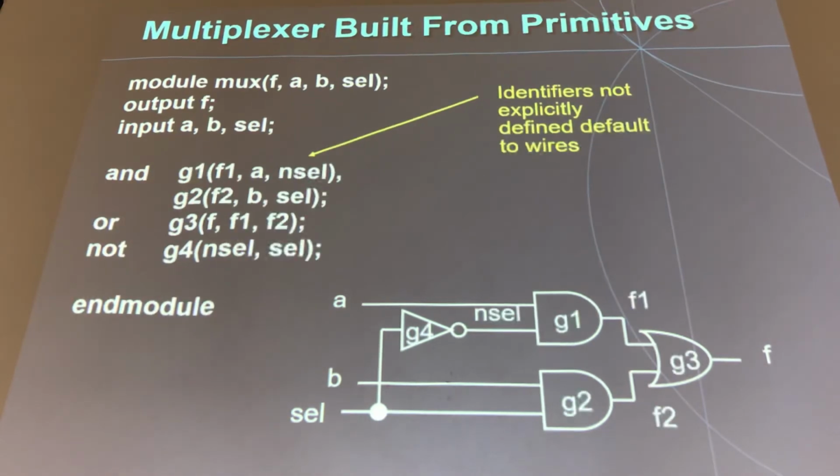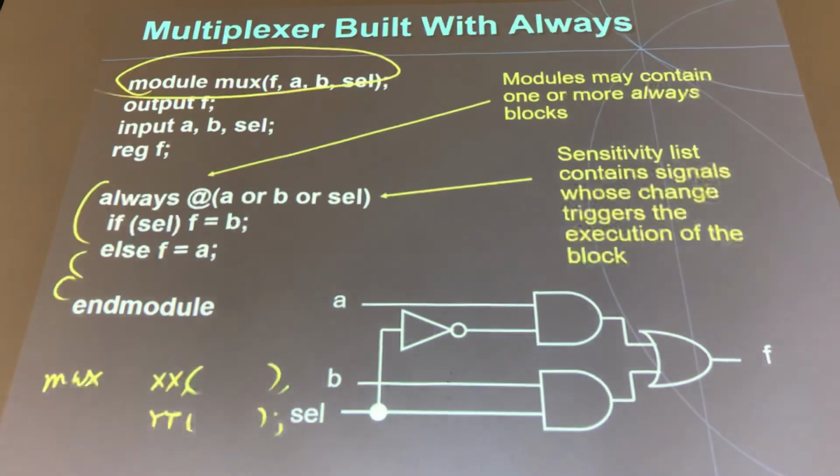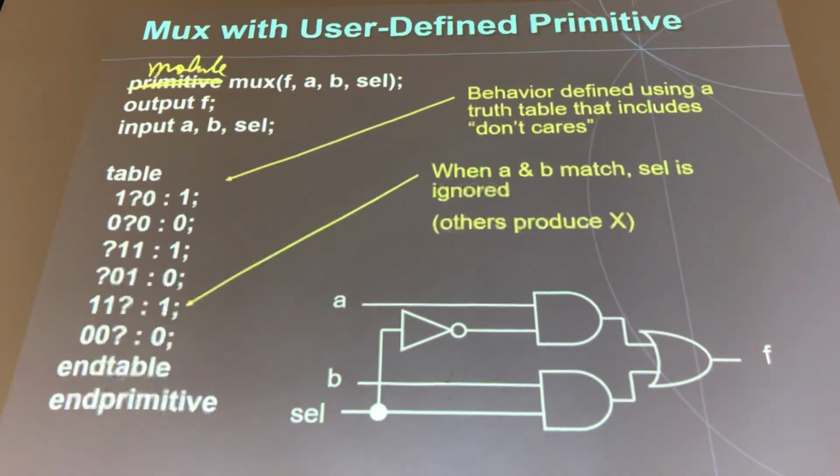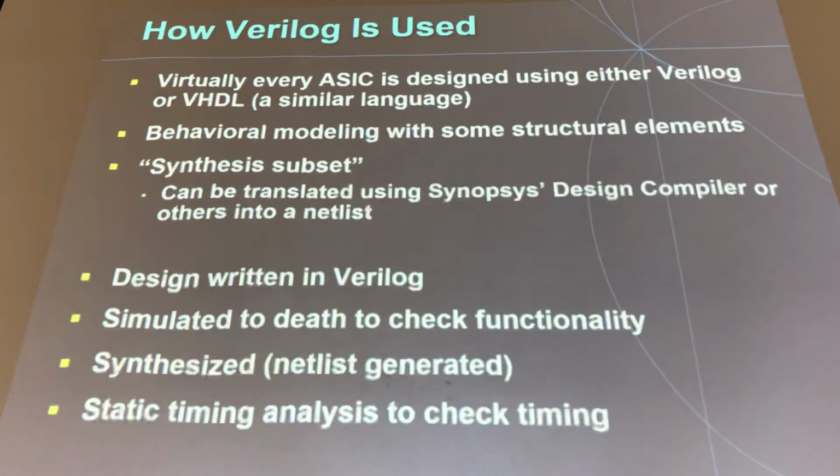They do not hold value. Like n-cell, like F1, F2, these are wires. They cannot remember the value. The signal simply propagates on a wire, going through, right? But it cannot remember the value. Okay? Cannot latch the value. Only a flip-flop or latch can remember the value. Or memory.